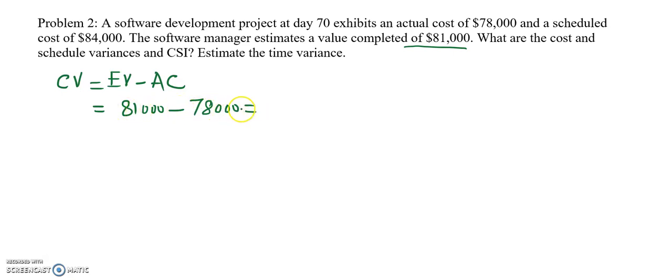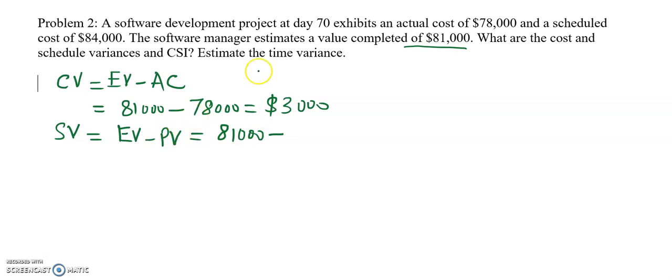So the variance is $3,000. Schedule variance is earned value minus the planned value, and earned value is $81,000 and planned value is the scheduled cost, $84,000, which gives minus $3,000.